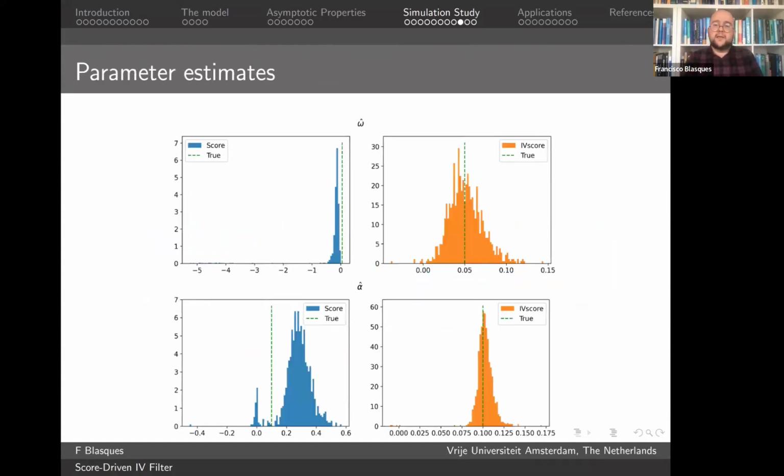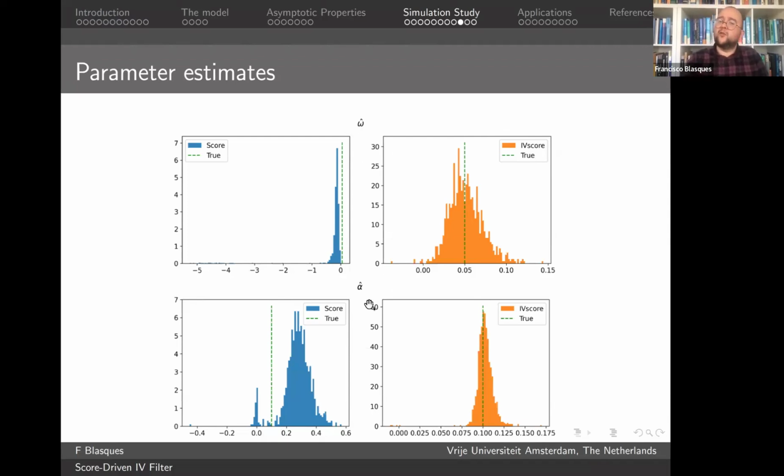In your standard case, indeed, the whole point is that by doing this, the maximum likelihood estimates of the parameters in the time varying update are well centered if you do the IV score, but they're not well centered if you just do the standard score.